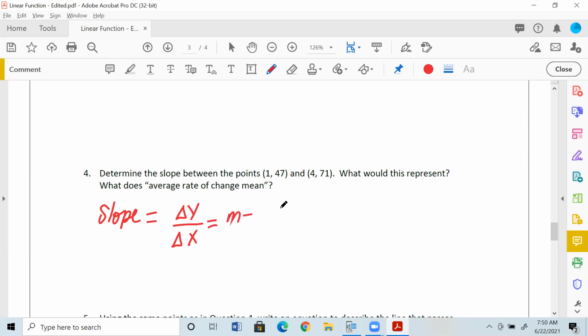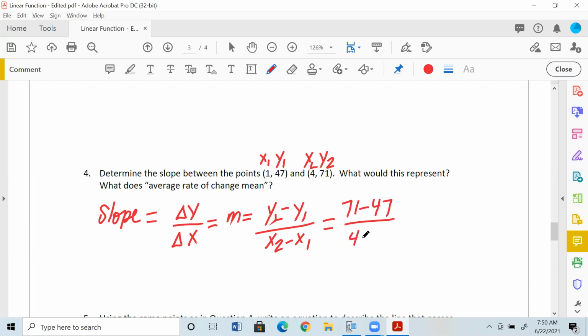Sometimes we see this in algebra class as y2 minus y1 over x2 minus x1. We can label our points x1, y1, and x2, y2. Substituting these into the formula, we would have 71 subtract 47 over 4 subtract 1.